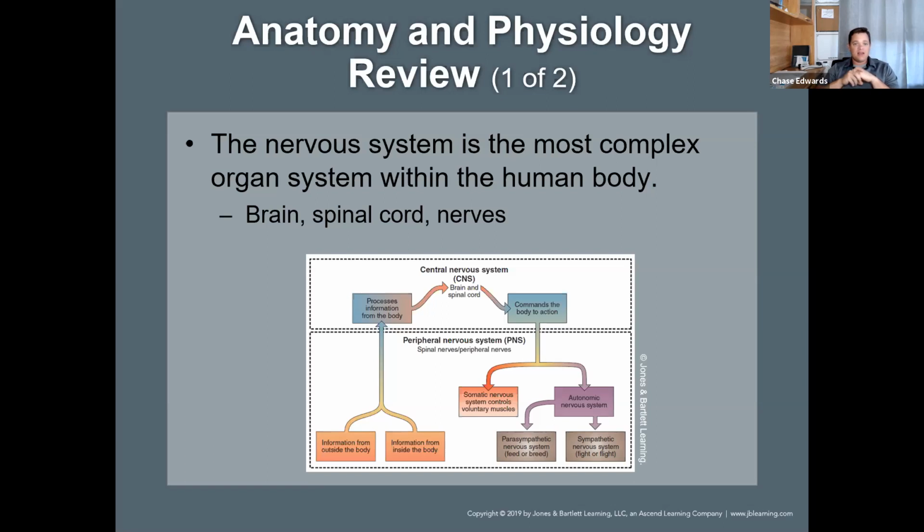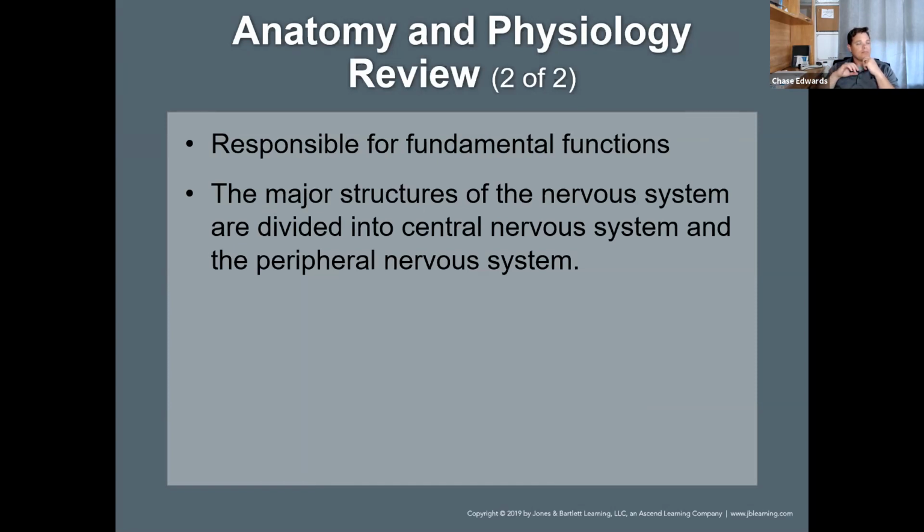So the nervous system consists of the brain, the spinal cord, and thousands of nerves allowing communication along all parts of the body, right? It's responsible for fundamental functions such as controlling breathing, heart rate, blood pressure, and temperature. It's also responsible for higher level activities such as memory, understanding, communication, and thought.